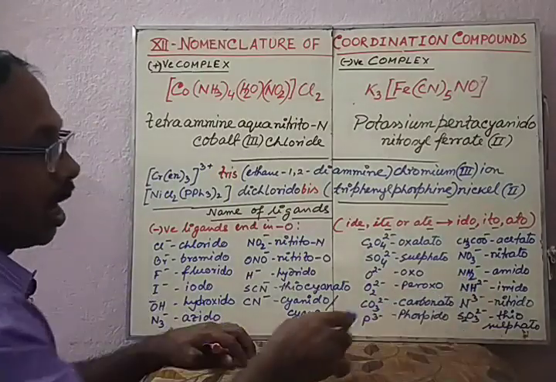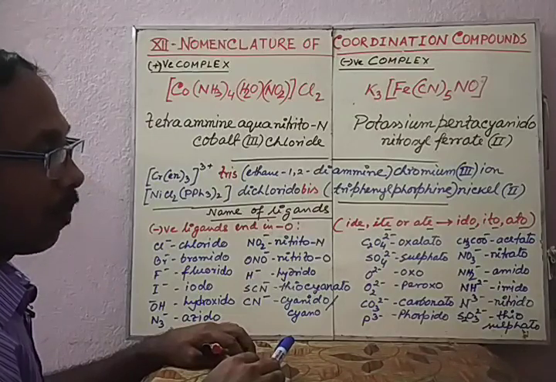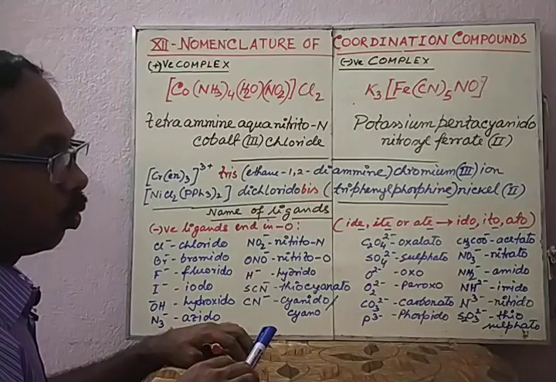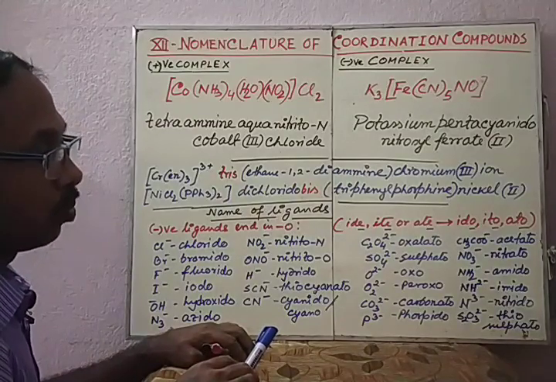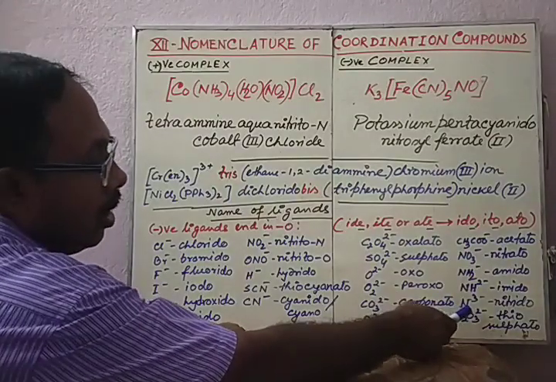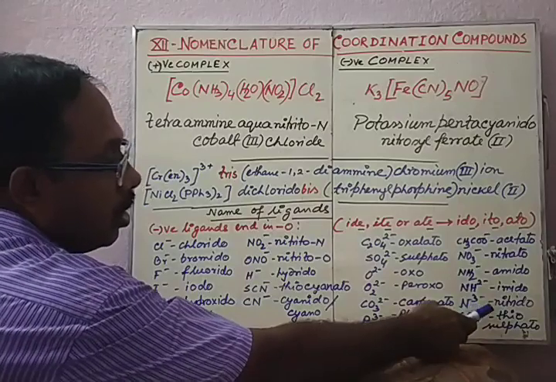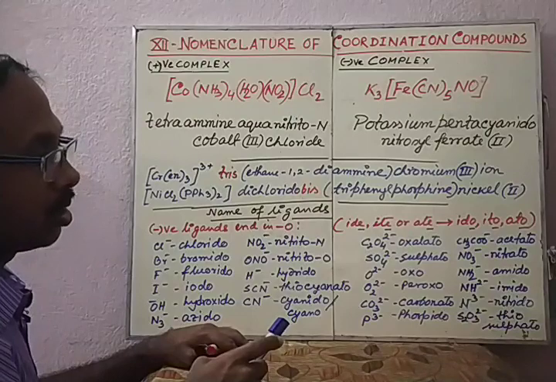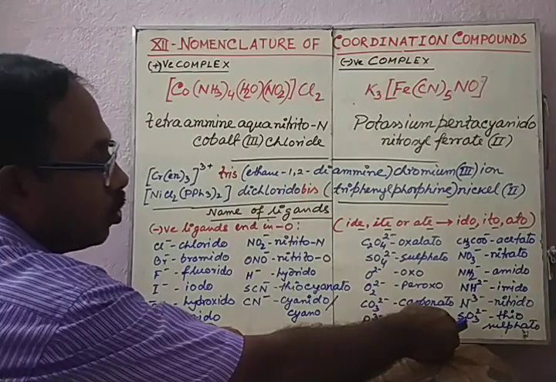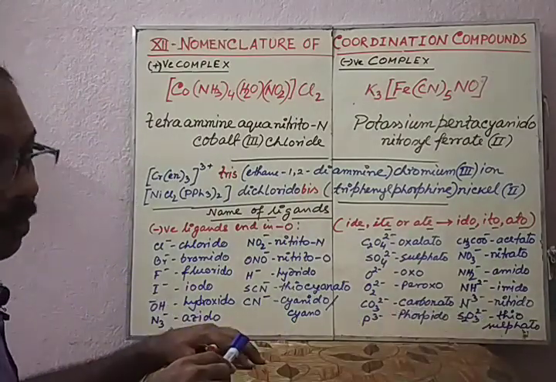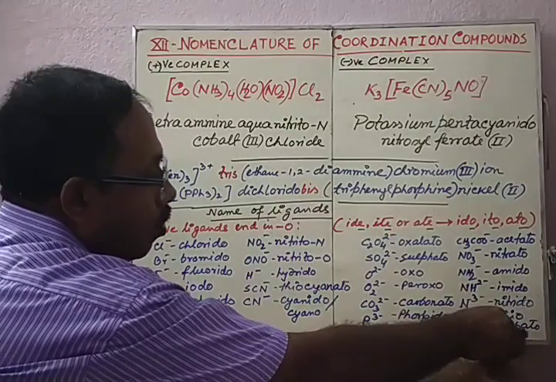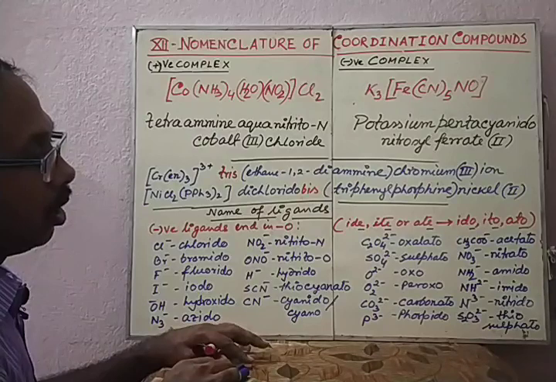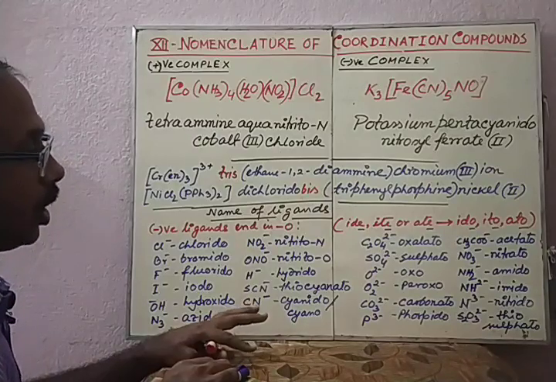NH2 minus, the amide group, is named as amido. NH 2 minus, the imide group, is named as imido. N3 minus, the nitride ion in a complex, is named as nitrido. Then S2O3 2 minus, the thiosulfate ion, is known as thiosulfato. In this way, the negative ligands are named in the complex.